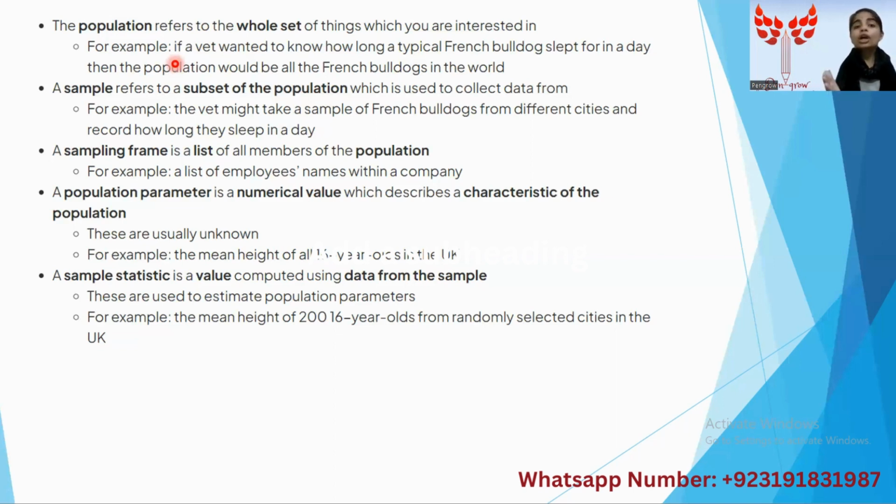Hence, you cannot actually find the population parameter by testing the whole population. That's ideal, but that's not possible. So you use a sample statistic value, and that value is calculated from the data from the sample, right?